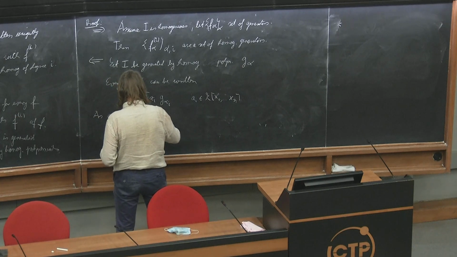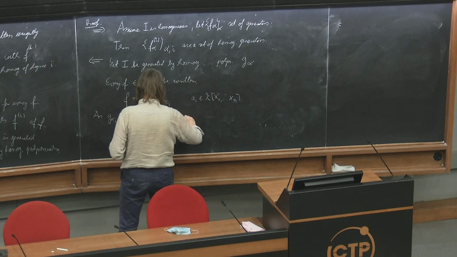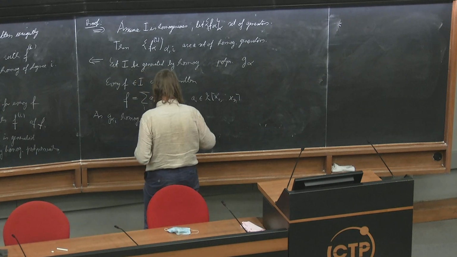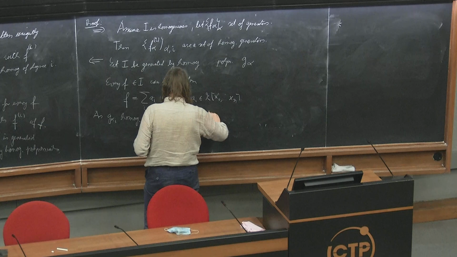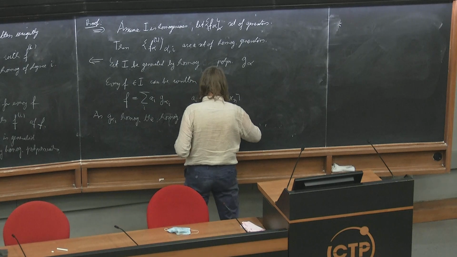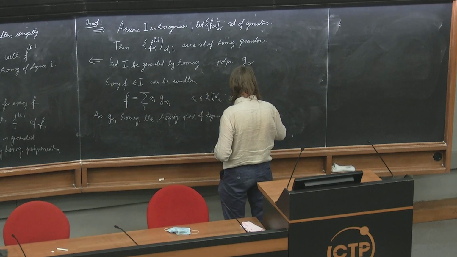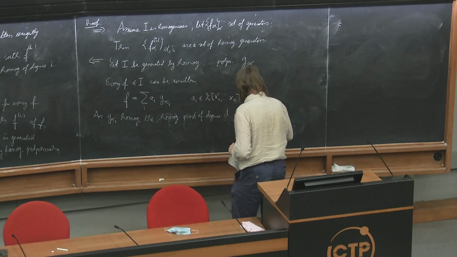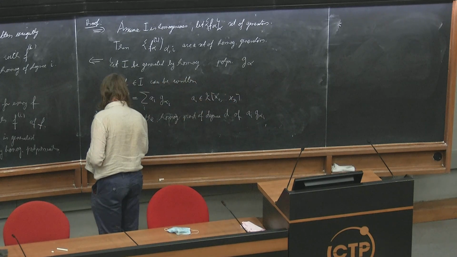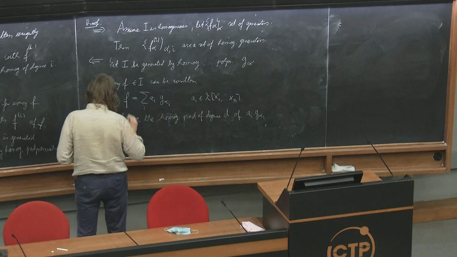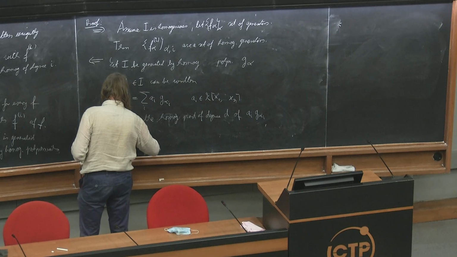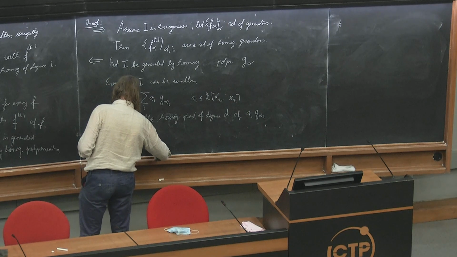As g alpha i is homogeneous, the homogeneous part of degree d of ai times g alpha i is just the part of ai of degree d minus the degree of g alpha i, times g alpha i.